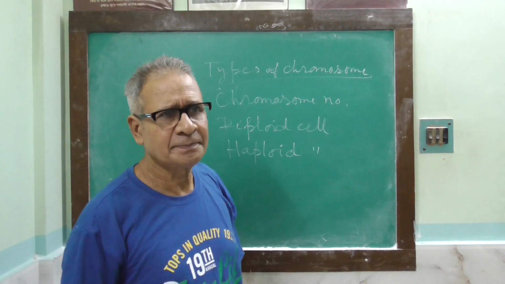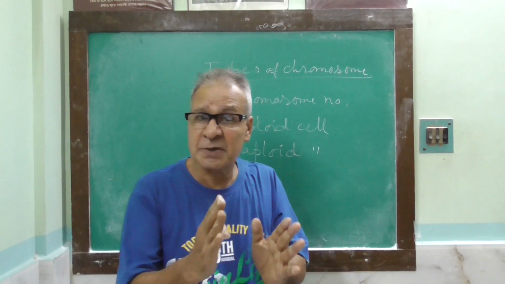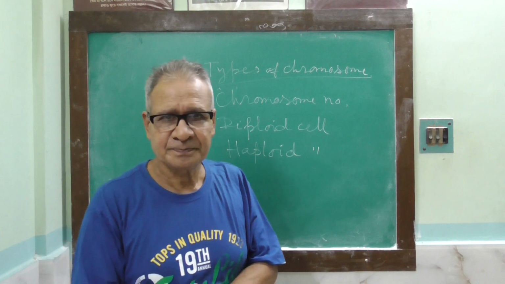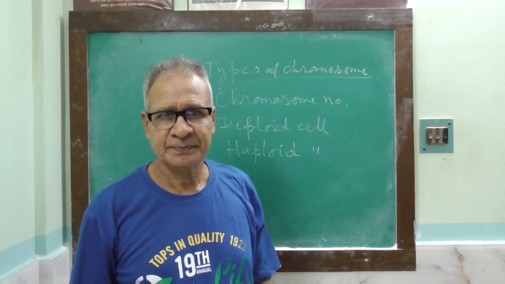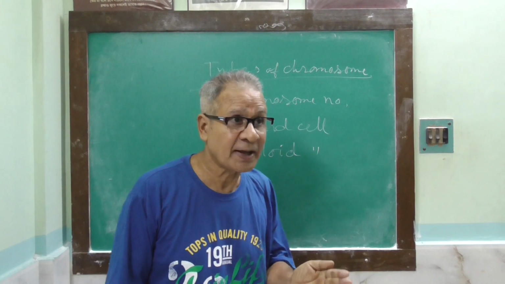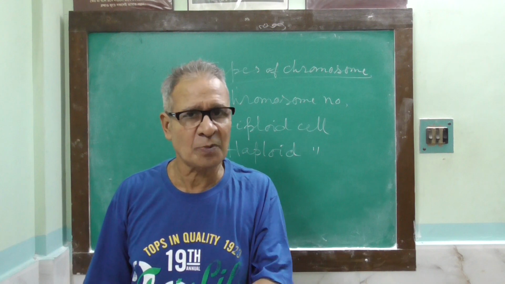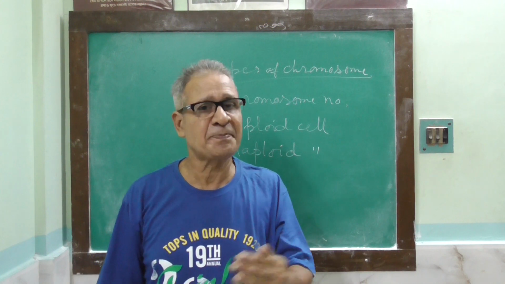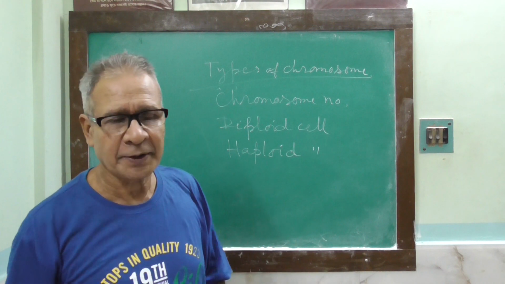In a cell, when all the species-specific chromosomes are present in pairs, that is in two sets, the cell is said to be diploid. That is, the cell in which all the species-specific chromosomes are present in pairs is said to be diploid.